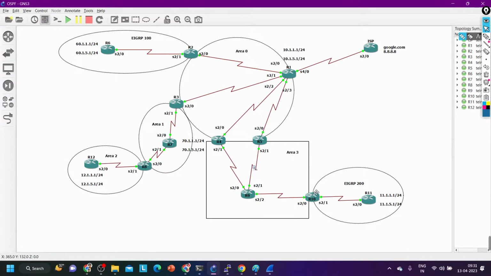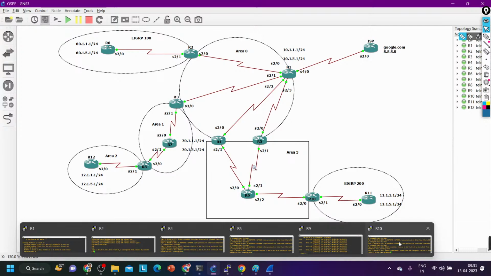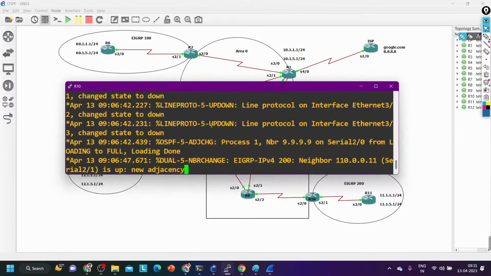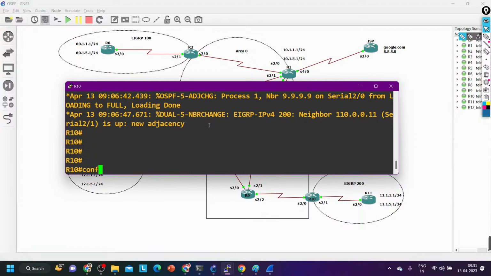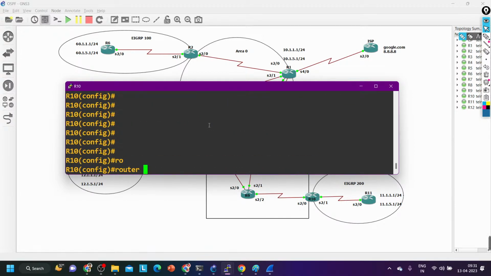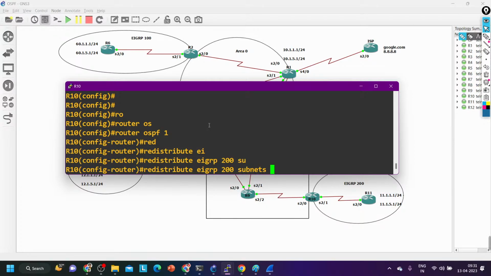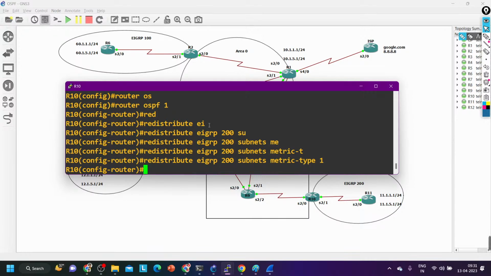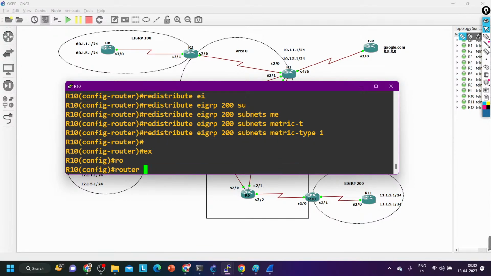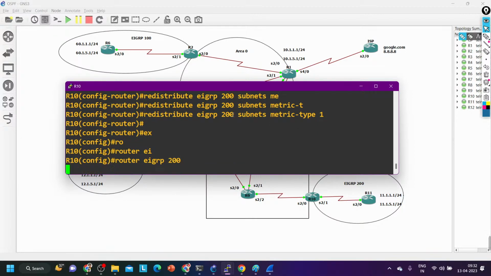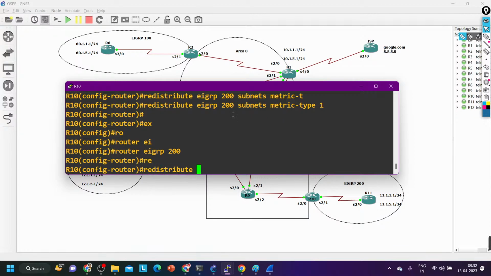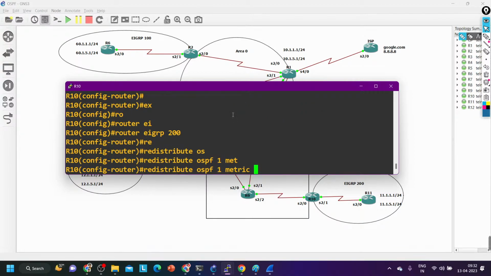Now I am going to perform redistribution on router number 10. Config t, router OSPF 1 and redistribute EIGRP AS number 200, keyword is subnet, metric type is, let's say, 1. Done. Router EIGRP 200 and redistribute OSPF process 1 and metric.